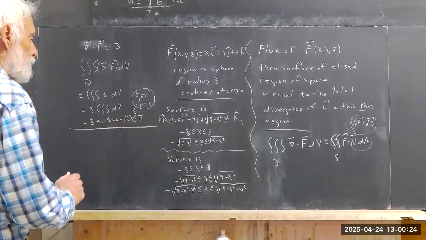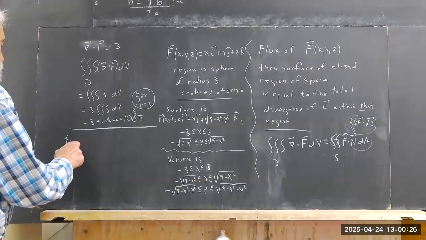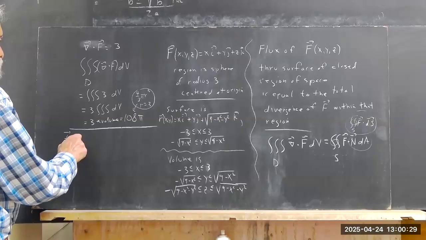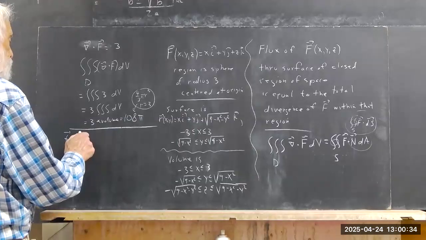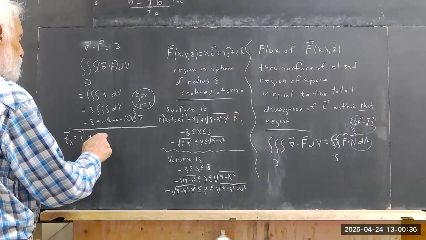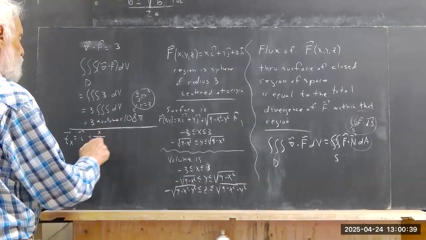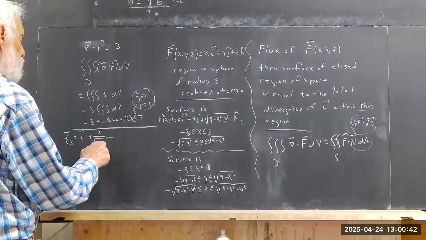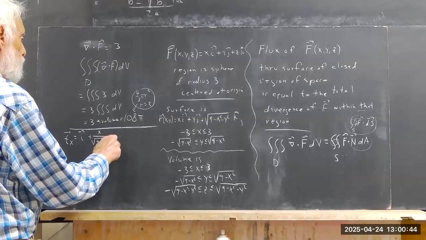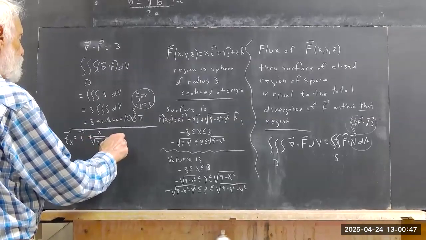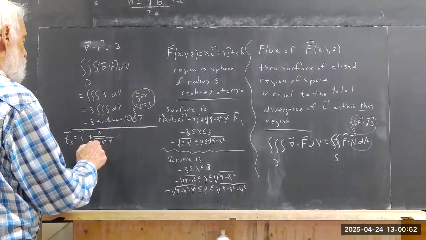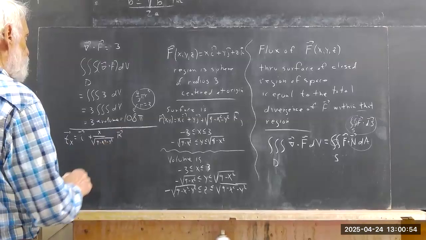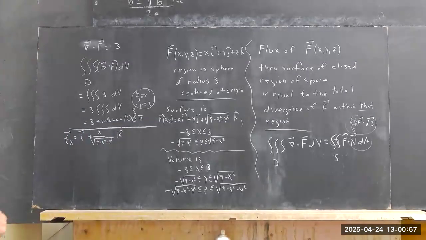Then the integral over the surface area. Well, we could do our Tx. That's actually kind of the easiest way to do it. We just take the derivative of this with respect to x, we get i plus x over the square root of 9 minus x squared minus y squared times k.